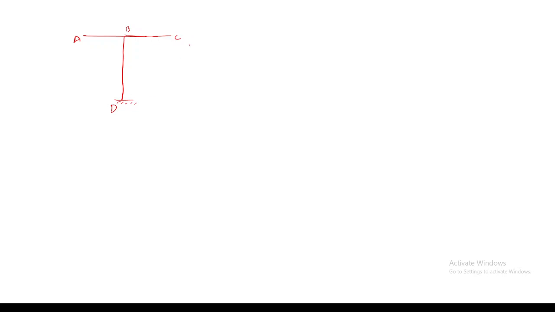For this structural member, can you determine the axial load, the shear force, the bending moment, and the twisting moment for the individual members? For example, the loading is like this.